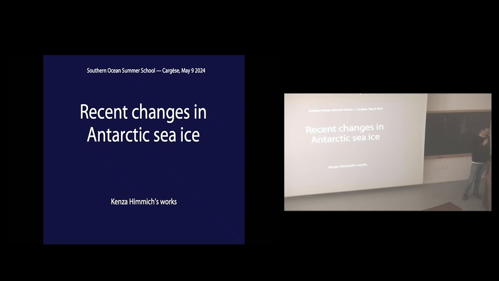She adopted a sea ice point of view on the problem of recent changes, because people always look into the atmosphere or the ocean, and our role as sea ice people is to look at what's happening in the sea ice. If you want to know more, you can go to her poster, which is hanging outside. I think she doesn't really like the poster, that's what I heard, but I think the work is cool and it's original.